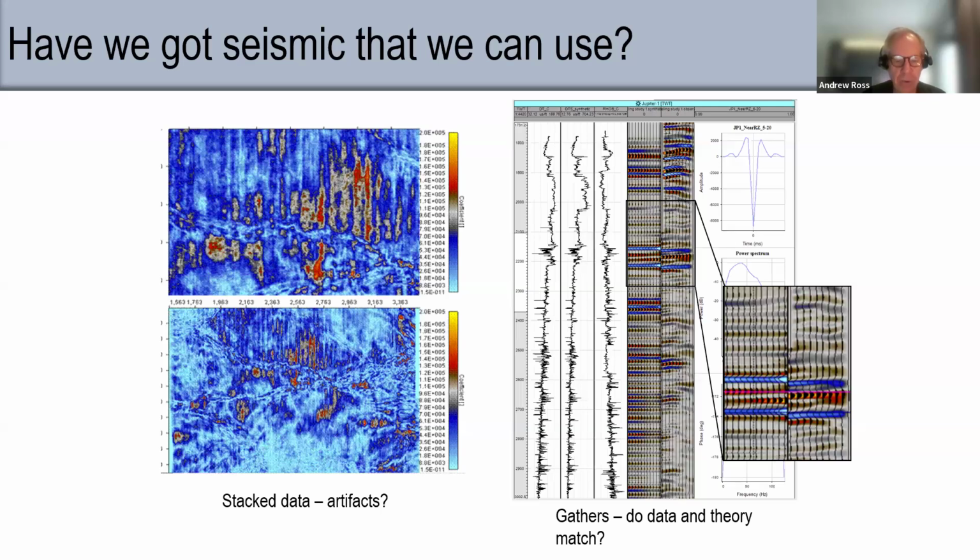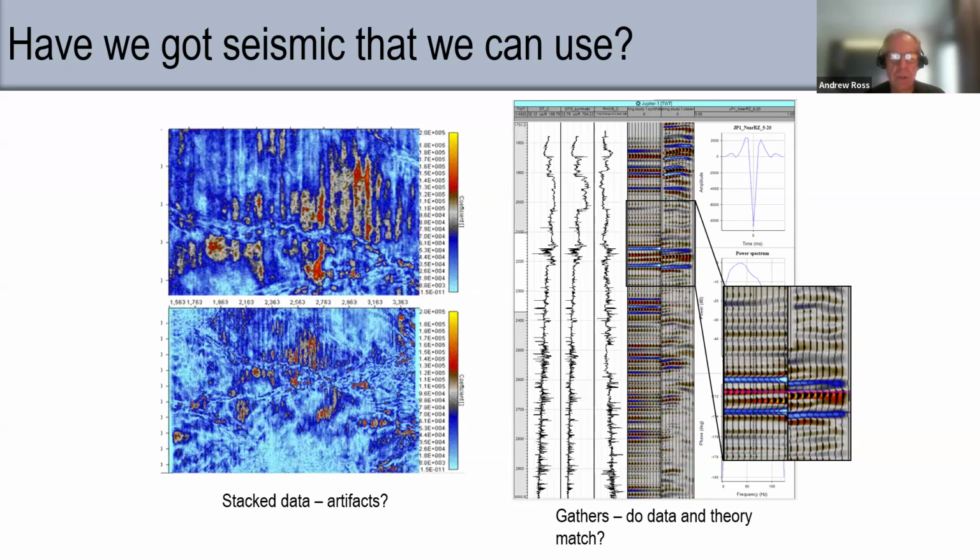So you can see on the left we've got a couple of different time slices here, and you can see these vertical lines are artifacts of the acquisition. You see they get less as we get deeper, but basically we've got a line spacing, and we're getting changes in amplitude.